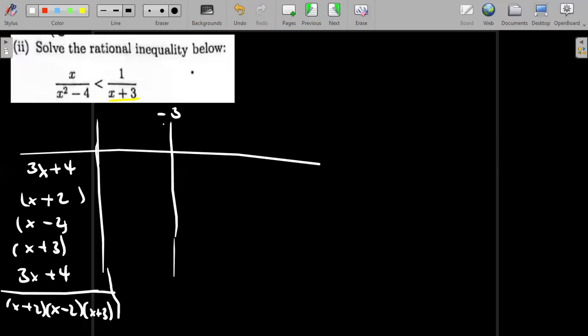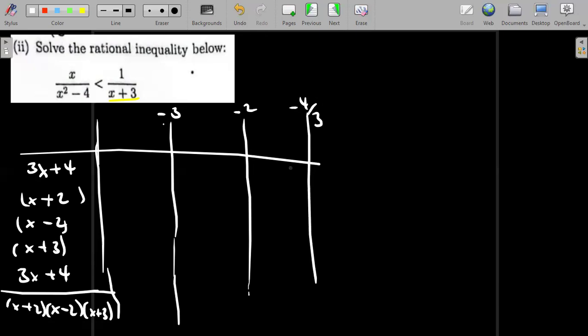So these here are going to be my factors. Then continue to my critical points. The other critical point was -2. The other one was -4/3. Then I had the other one to be 2.